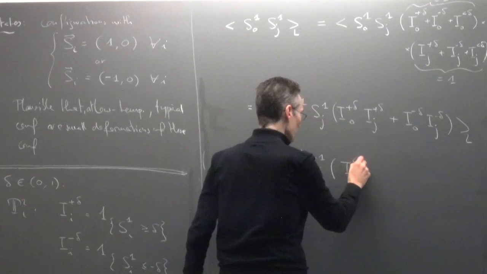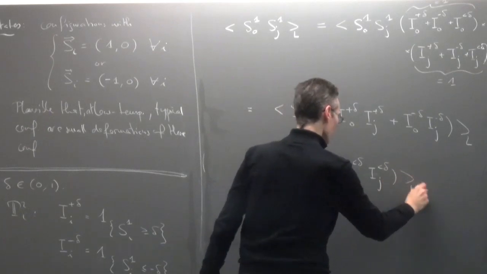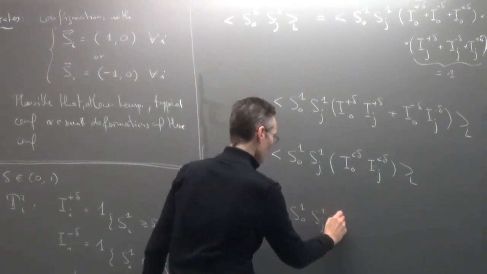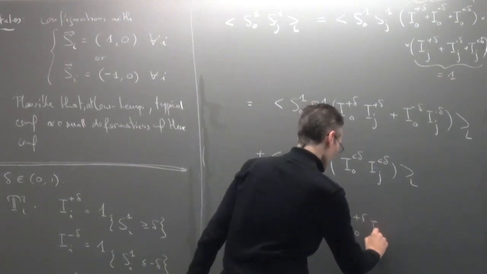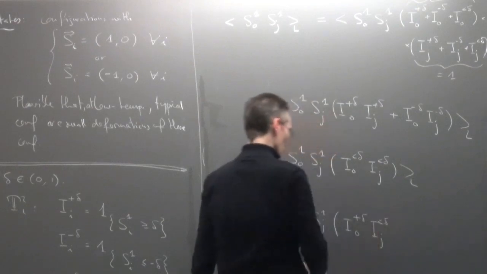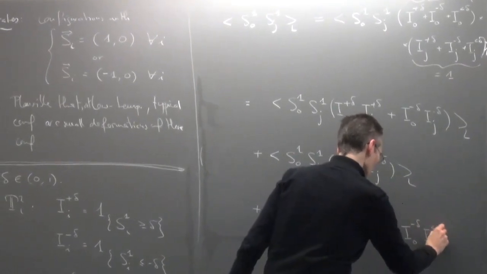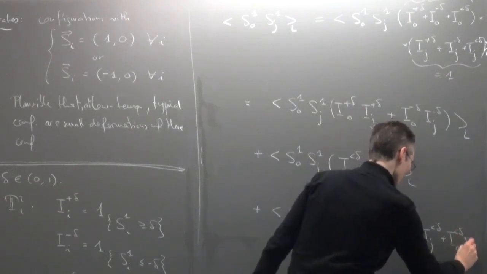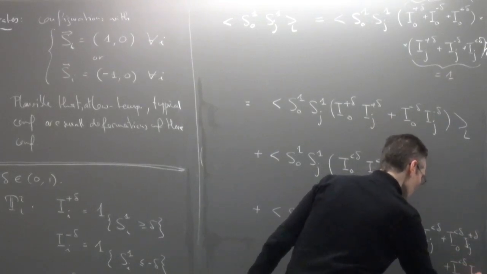So I have I0 smaller than delta, Ij smaller than delta, then I will have I plus delta 0, Ij say smaller than delta, plus I0 minus delta, Ij smaller than delta, plus I0 smaller than delta, Ij plus delta, plus I0 smaller than delta, Ij minus delta. Let's put all these guys together. They're essentially the same.